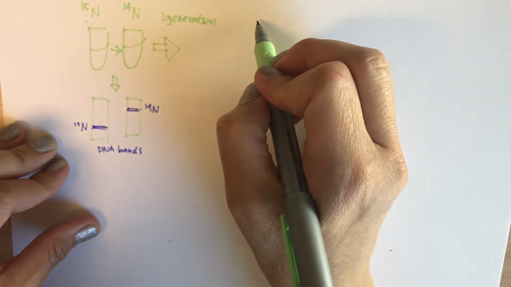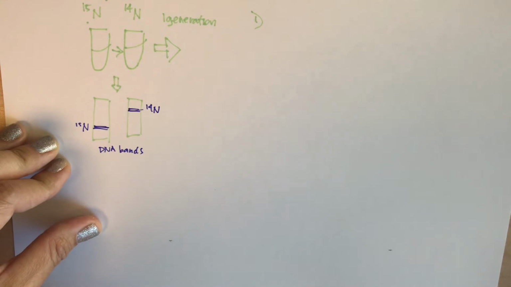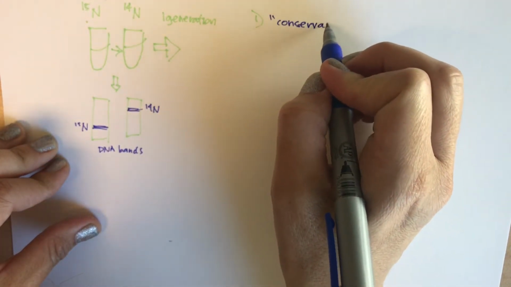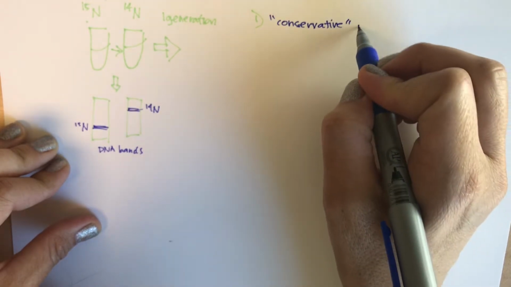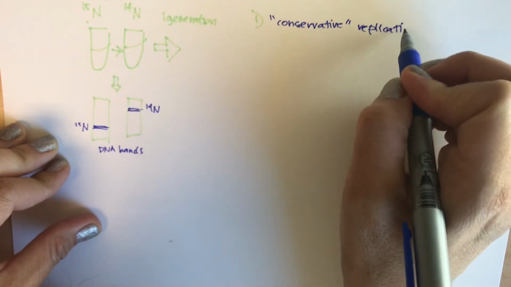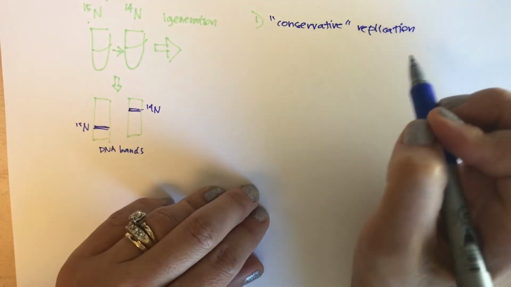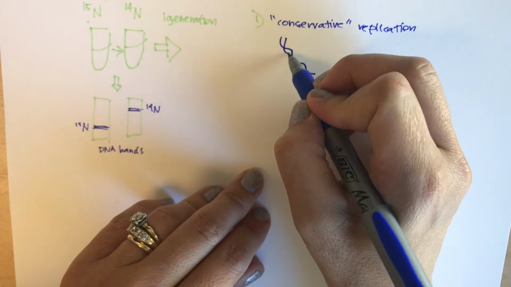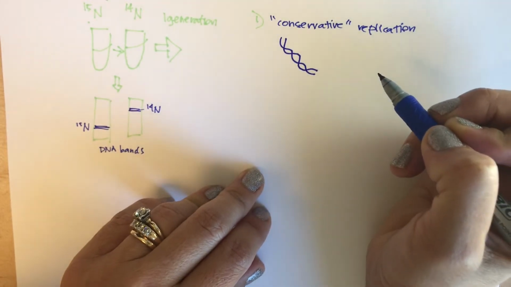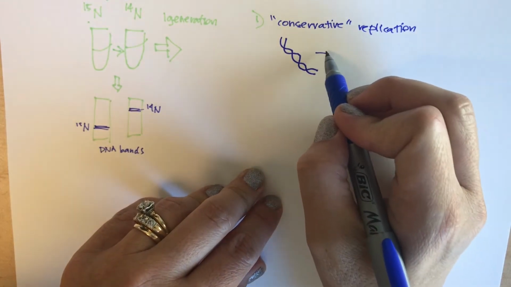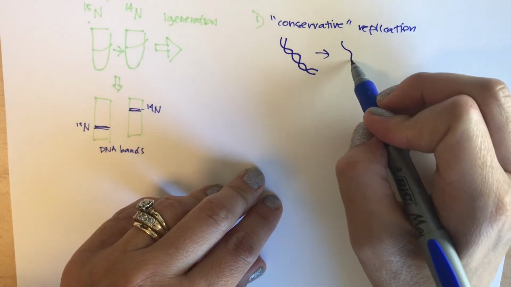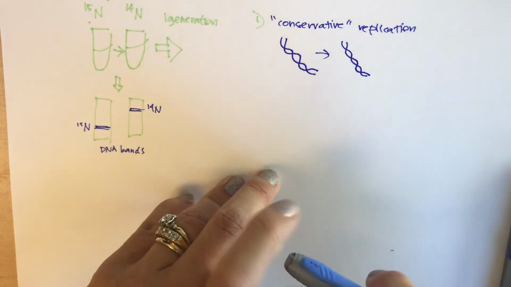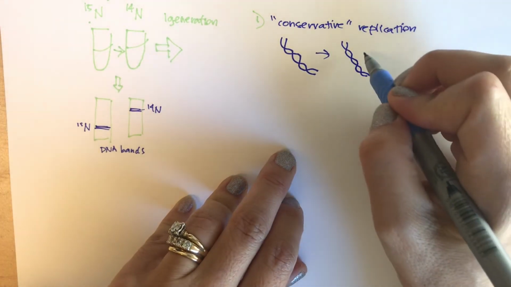So possibility number 1, this is if we have what's called conservative replication. In conservative replication, we would have a parental strand, which I'm going to draw in dark blue. A parental strand would then give rise to the same thing as itself, plus a brand new daughter strand. I'm going to draw the daughter strand in lighter blue.